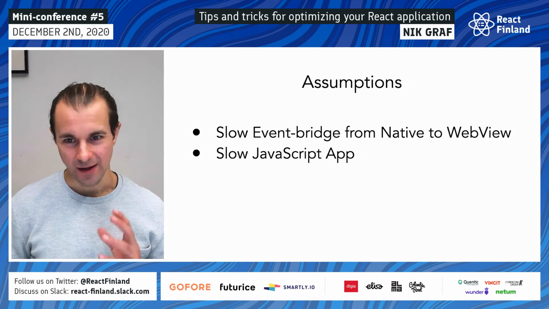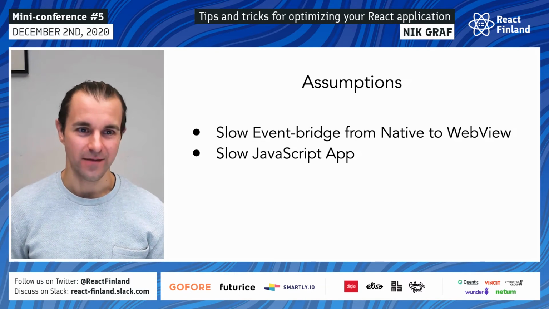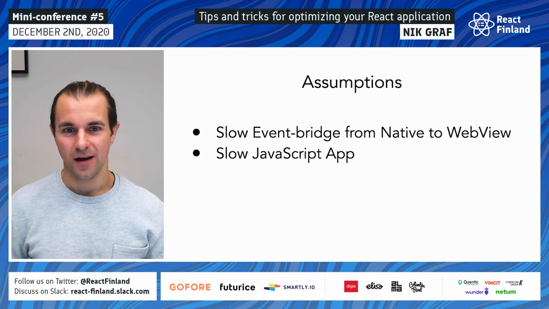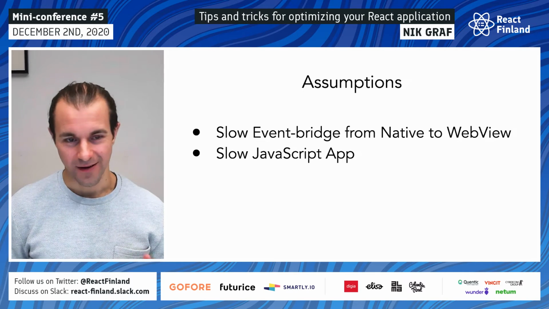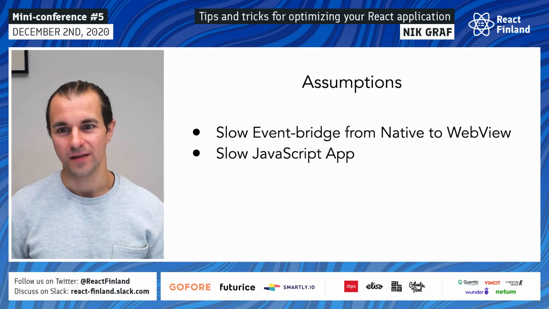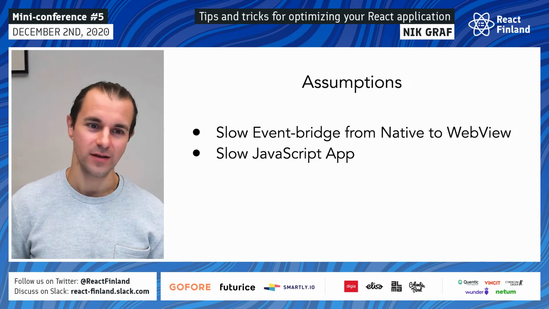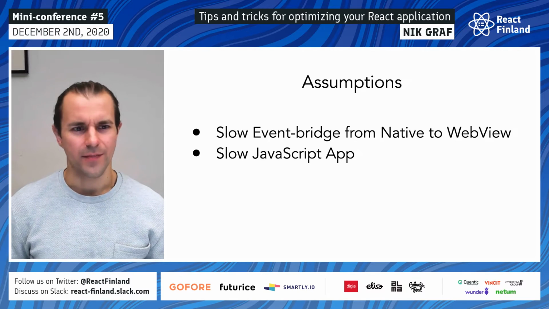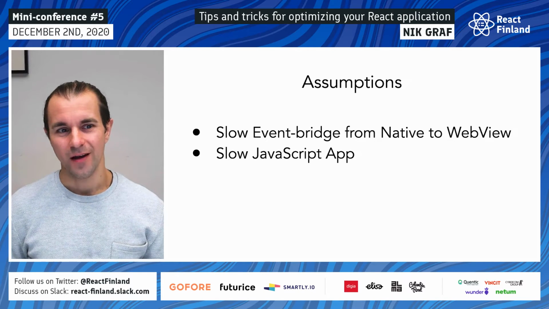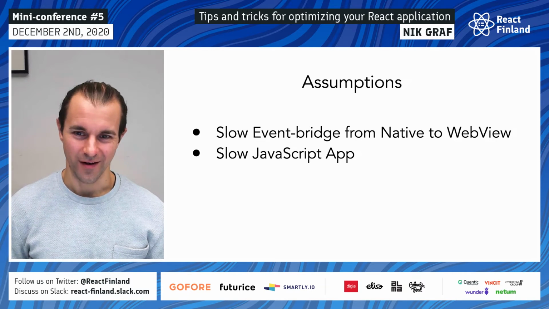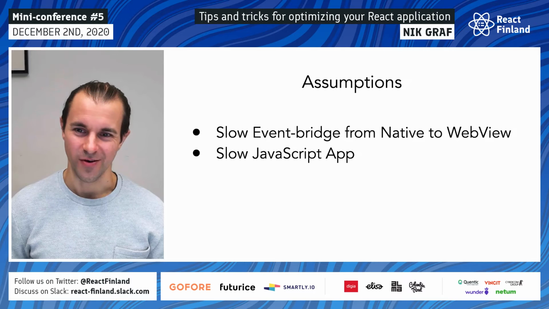There was this rumor almost going around that the event bridge from native to web view is slow, and that this is the problem, or the app is just too slow, and we will never get to really good performance with this stack itself. I was not bound by the stack, but it gave us some motivation to prove their assumptions wrong.